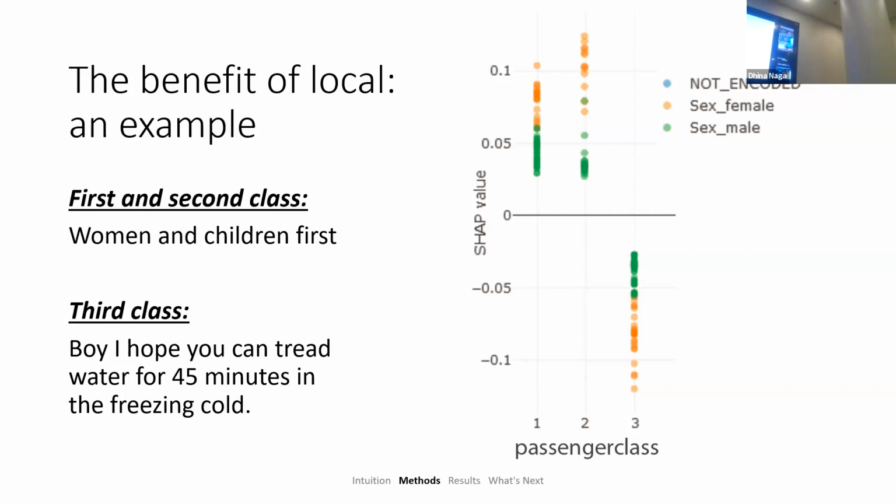So everybody in third class really went into the water, and at that point, males have a little bit higher chance of survival because maybe some physical attributes of males might be beneficial for making it until the lifeboats arrive.